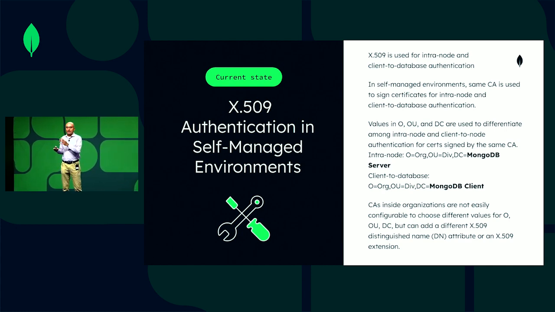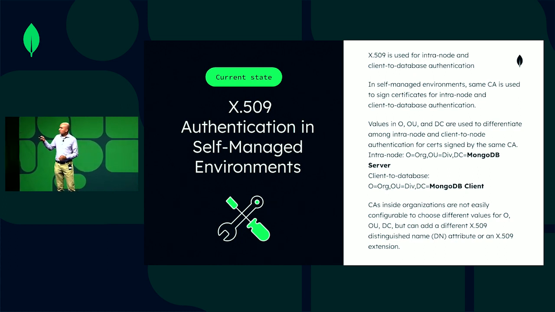The solution that we had implemented a while back was to choose different values for the distinguished name attributes in an X509 certificate. Specifically, we had said that you should choose a different value for O, organization, OU, organization unit, and DC, domain component.